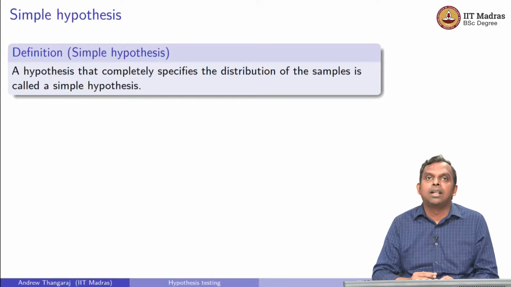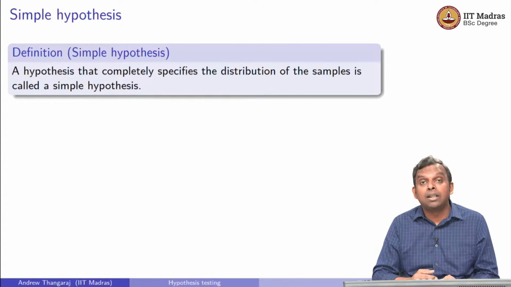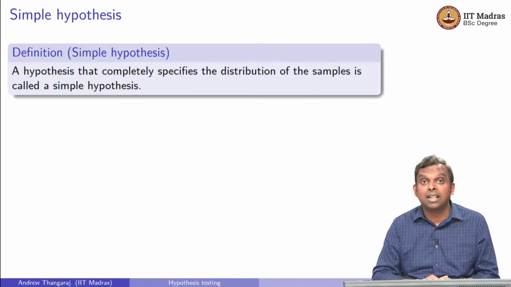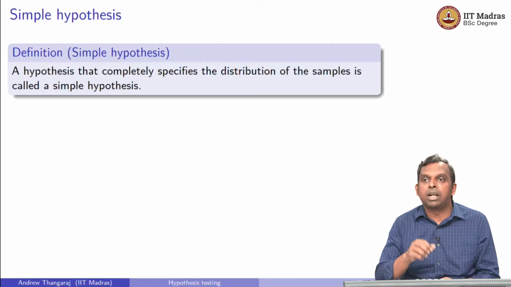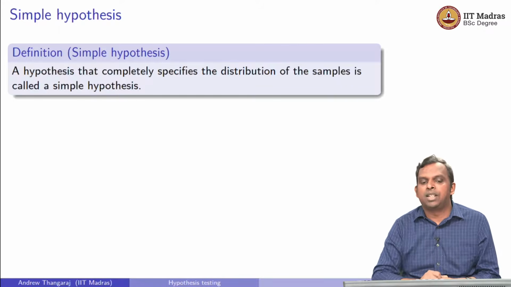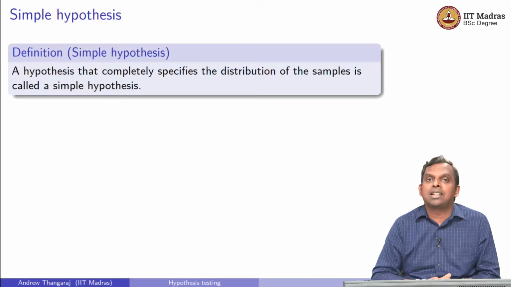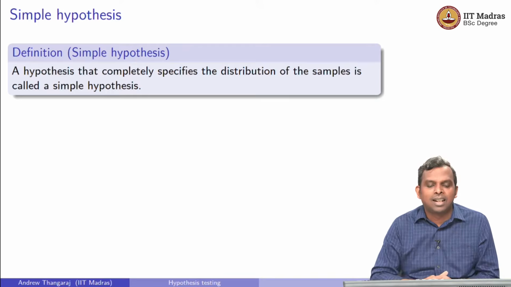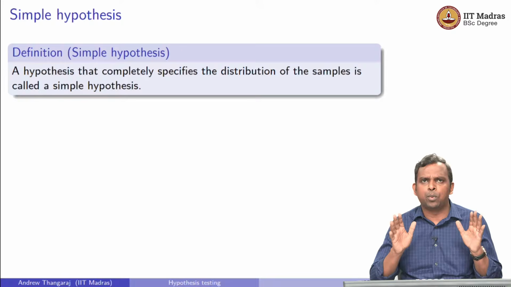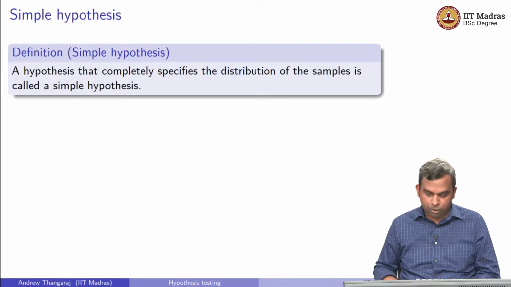Like for instance, the distribution is normal with mean 0 and variance 1, or the distribution is Bernoulli half. It defines one precise distribution. Some hypotheses like that are said to be simple, and they're simple to deal with also in some sense. It's exactly one distribution.